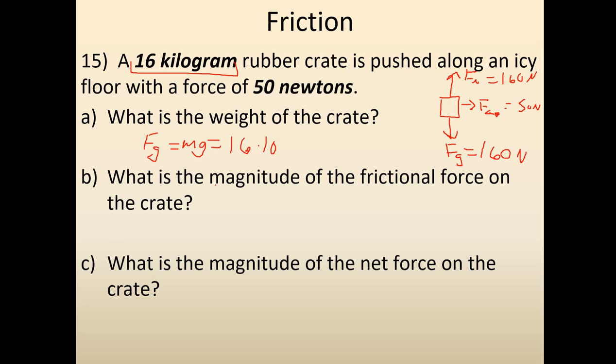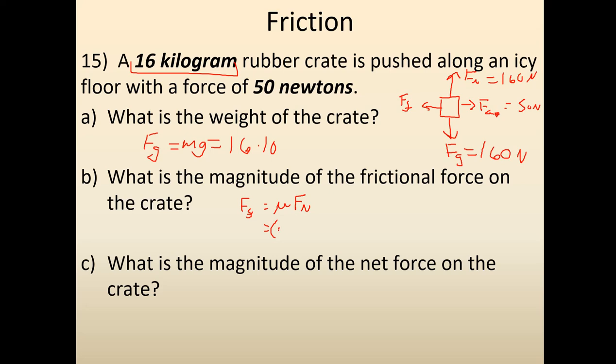Over here it says the magnitude of the frictional force, so there's going to be a frictional force. Now because they don't say that magical phrase, I can't assume that these are equal. So I'm going to have to calculate the frictional force using mu Fn. They give me enough information saying it's rubber on ice. I'm going to go to rubber on ice.